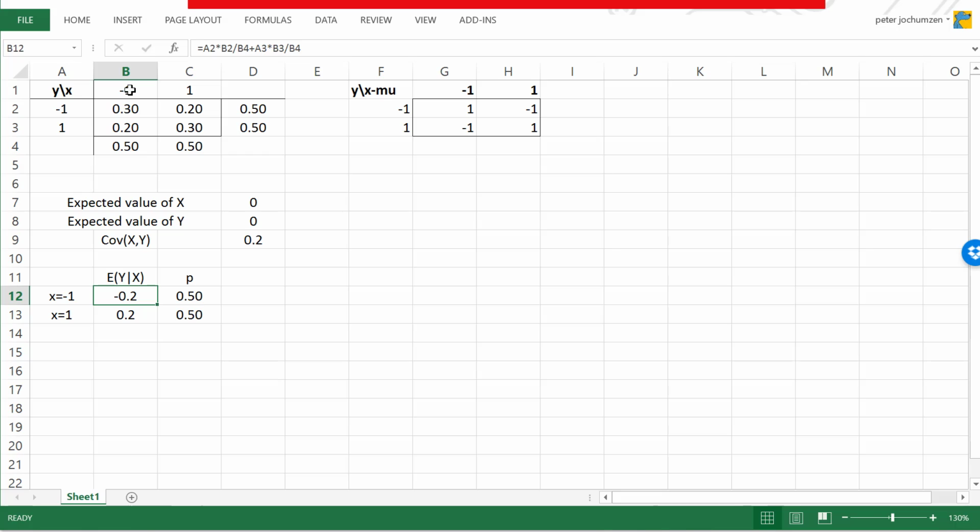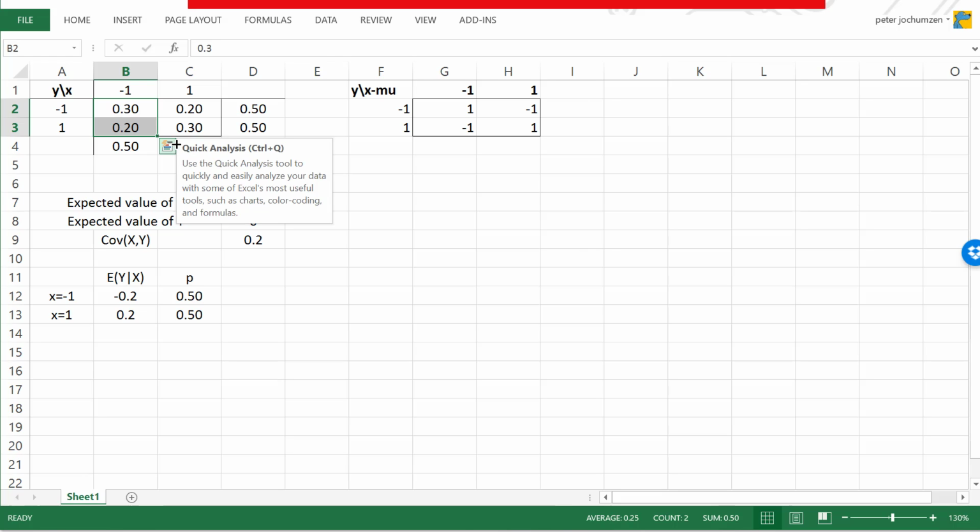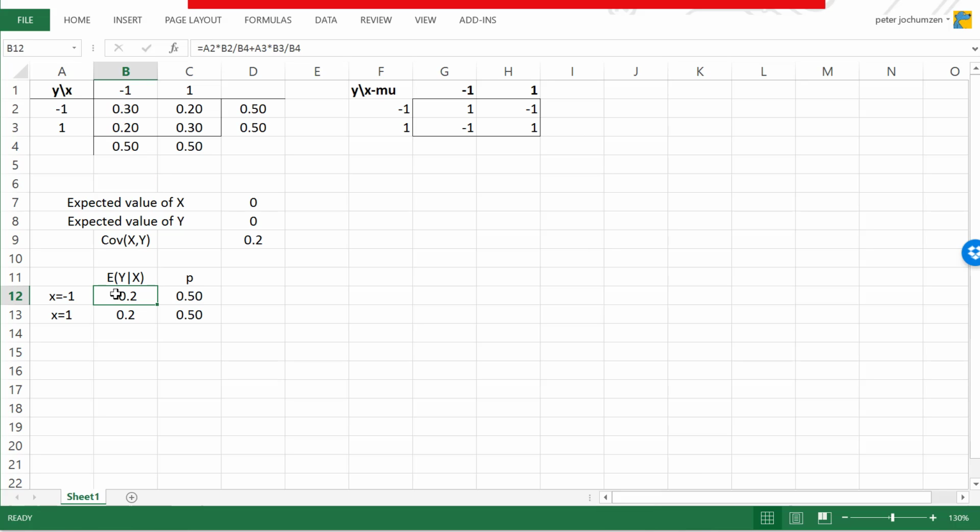If you condition on x being minus 1, then y can take values minus 1 and plus 1, and you can see that it's a larger probability that it takes the value minus 1. It makes sense since they're positively correlated. So smaller probability that it takes the value plus 1. And that's why the expected value of y given x minus 1 is negative.